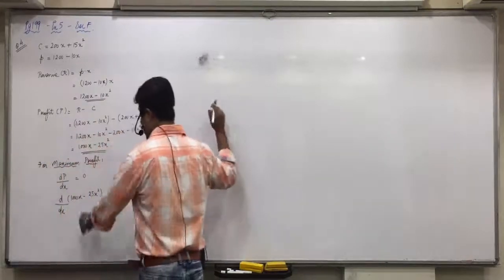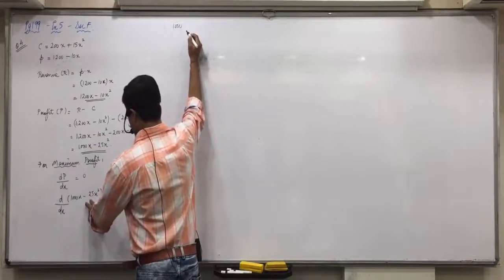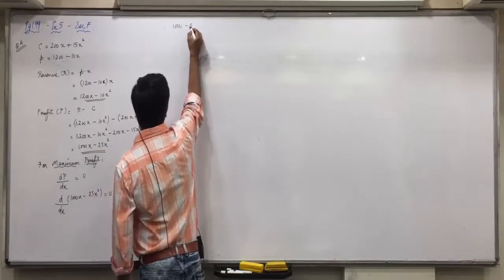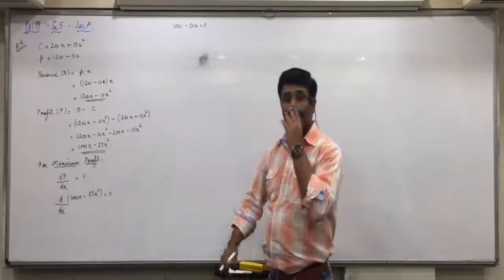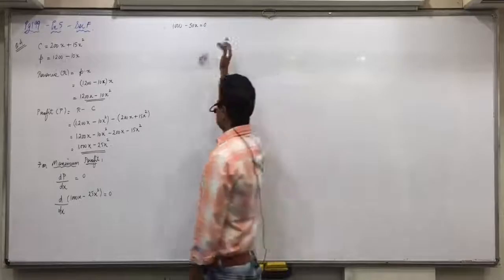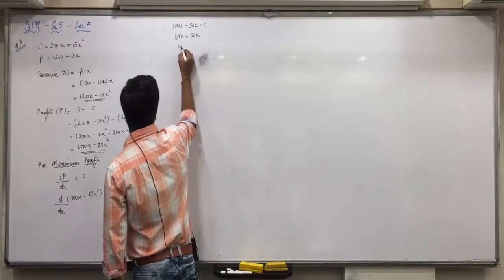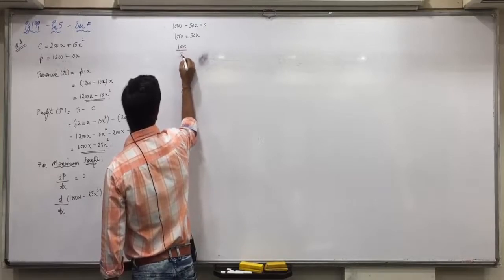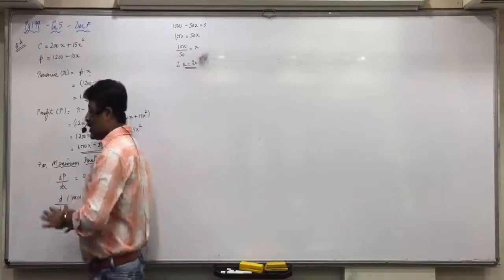Now 1000x becomes 1000, minus 25 into 2, minus 50x must be equal to 0. Minus 50x on the right side will become positive and 50 will get divided. So x is 20.